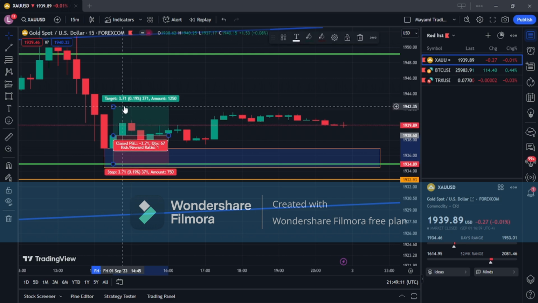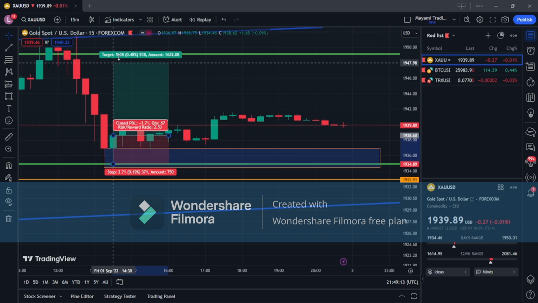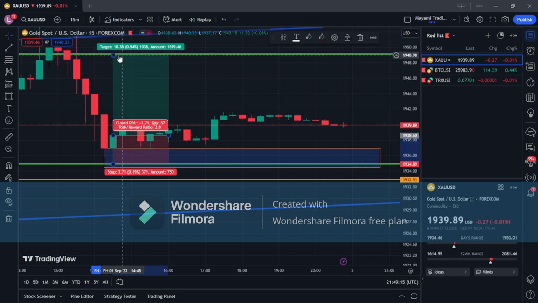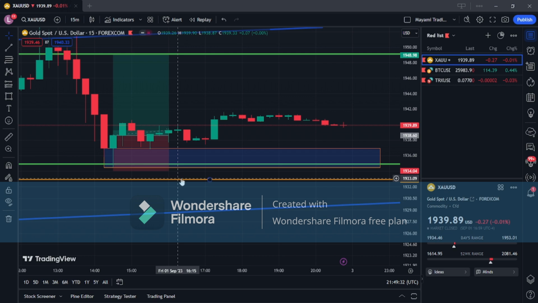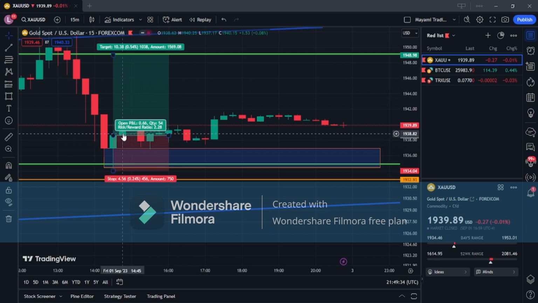Go for a buy position, take profit, and that's pretty much it. Put your stop loss right here, so you can take your buy from here.